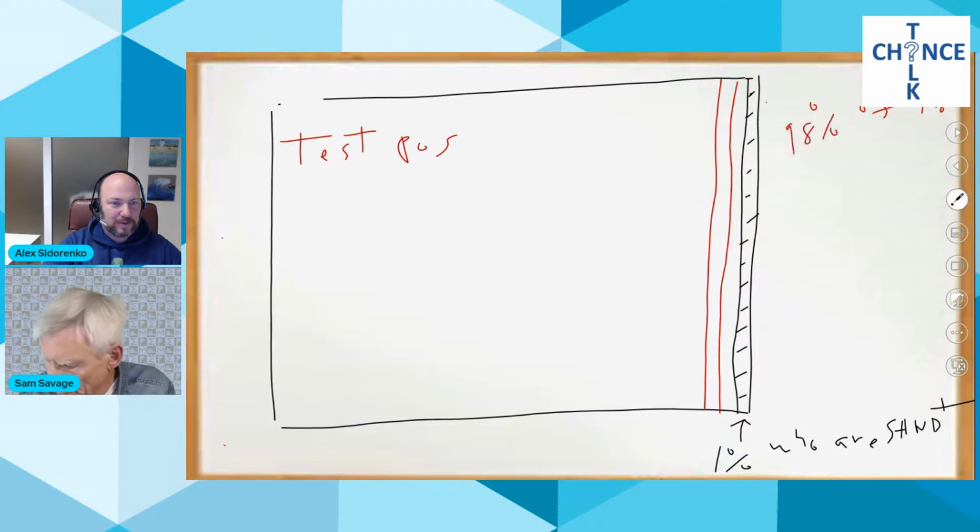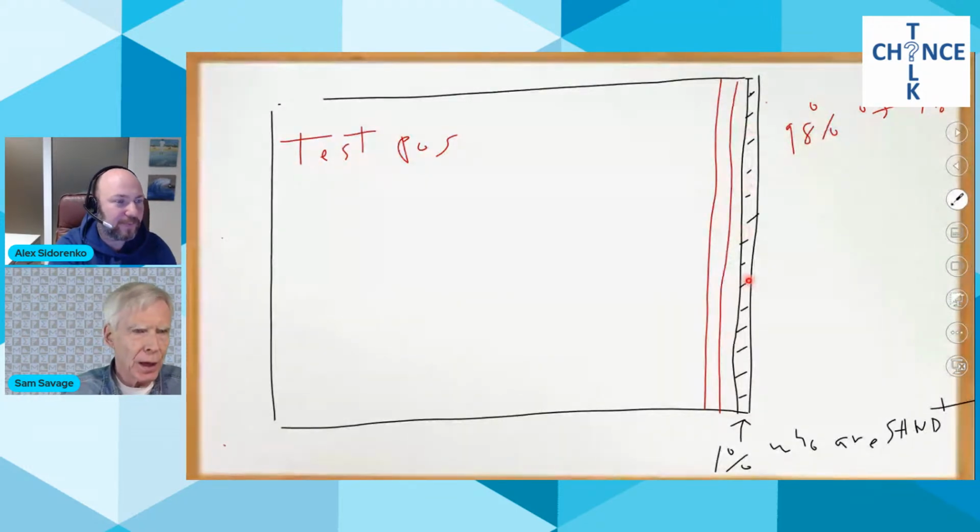So now let's remember, we've got 98% of the people in that thing test positive. And we've got everybody in that, that's 1%, and that's another 1% testing positive.